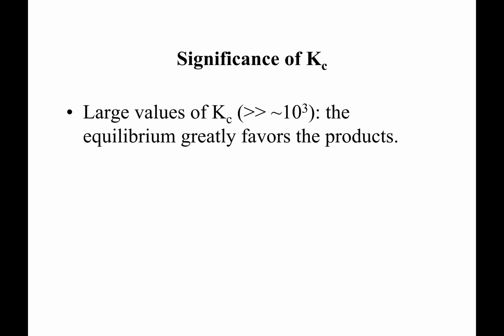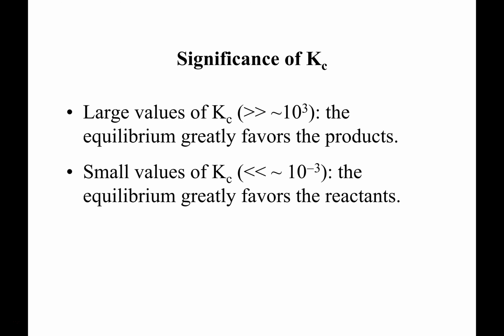Now, if you have a very small Kc, what does that mean? If it's small, that means you have a lot in the denominator at equilibrium, and you don't have much in the numerator. And what's in the denominator? Your reactants. So when the dust finally settles, you're going to have a lot of this and not much of this, just based upon your equilibrium constant, regardless of what you start with.